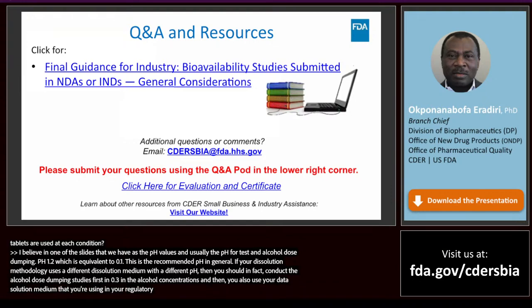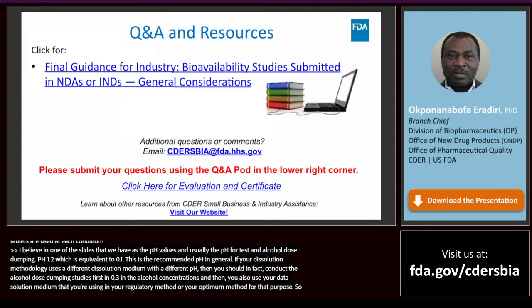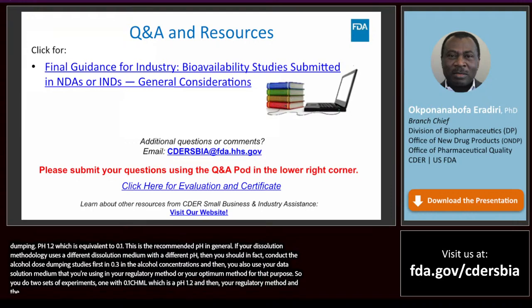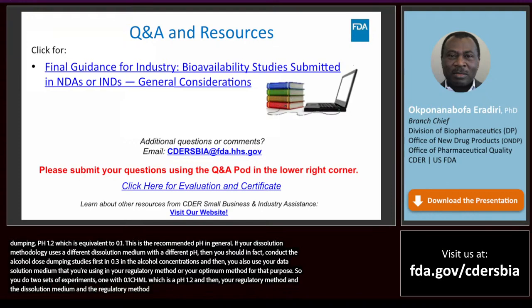So you will do two sets of experiments, one with 0.1 normal HCl at pH 1.2, and then one in the dissolution medium in your regulatory method if it is not 0.1 normal HCl.